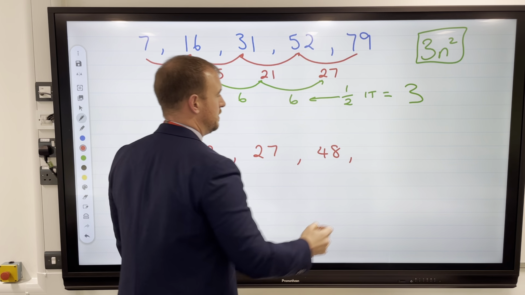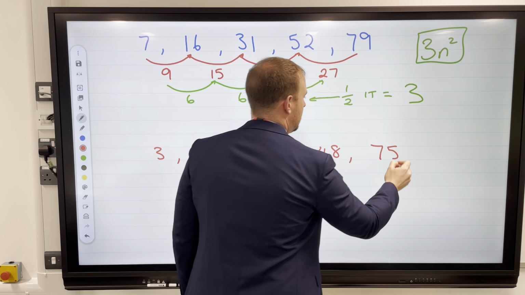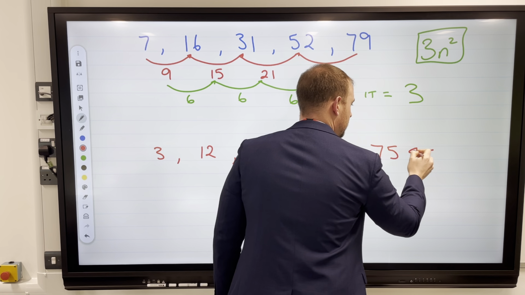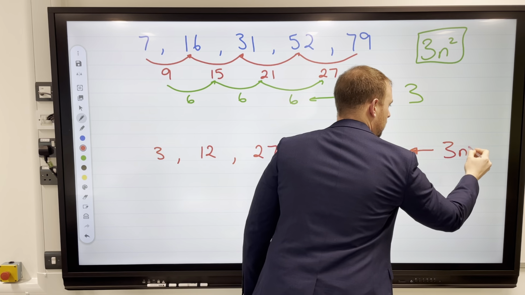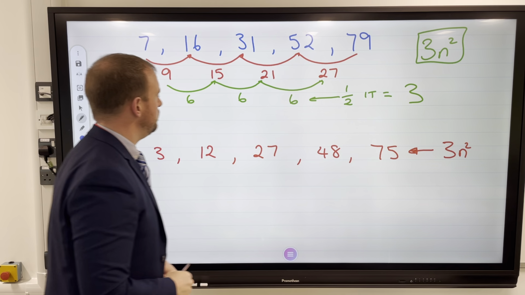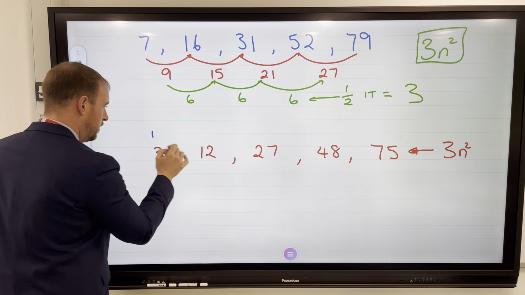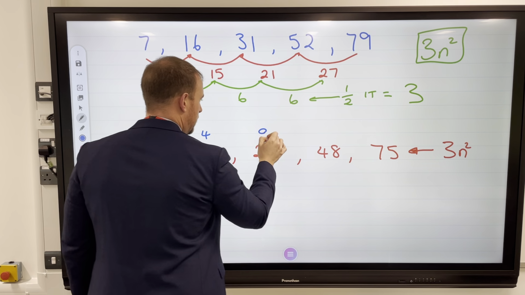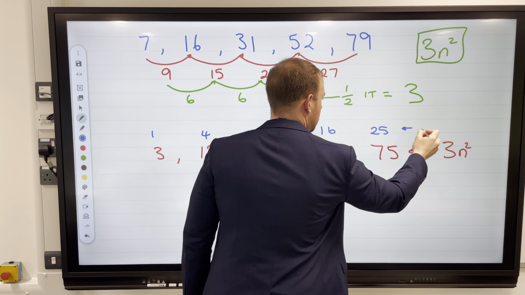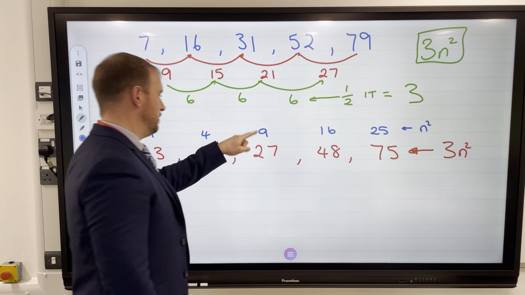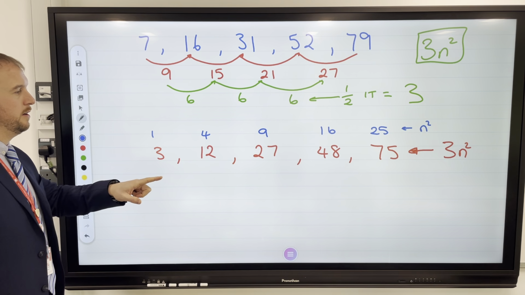And 3 times 25 is 75. So this sequence here is 3n squared. Okay, just to show you, n squared is 1, 4, 9, 16, 25. You can see I just times them all by 3 to make 3n squared.